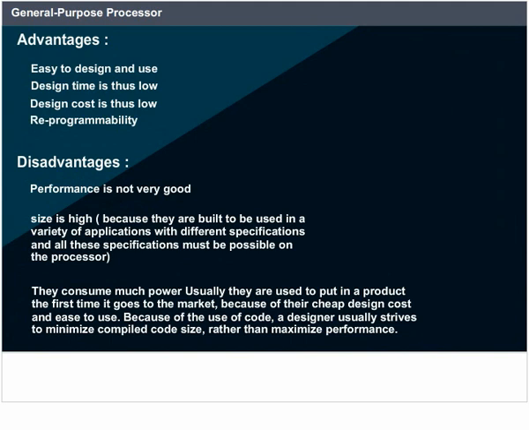Size is high because they are built to be used in a variety of applications with different specifications, and all these specifications must be possible on the processor. They consume much power. Usually, they are put in a product the first time it goes to the market because of their cheap design cost and ease of use. Because of the use of code, a designer usually strives to minimize compiled code size rather than maximize performance.